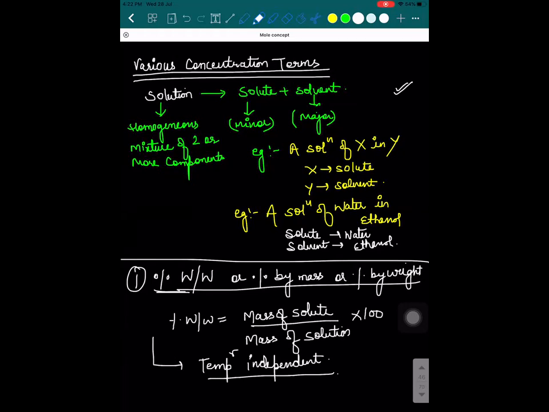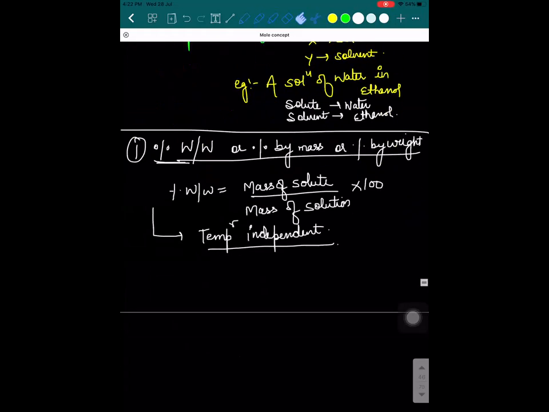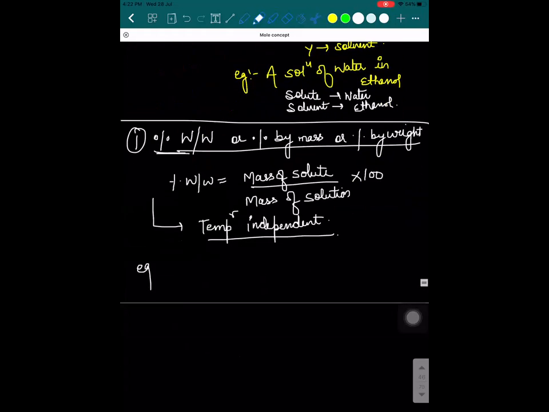Let's say I am giving you an example. 20% weight by weight aqueous NaOH solution. How will you read this particular statement?